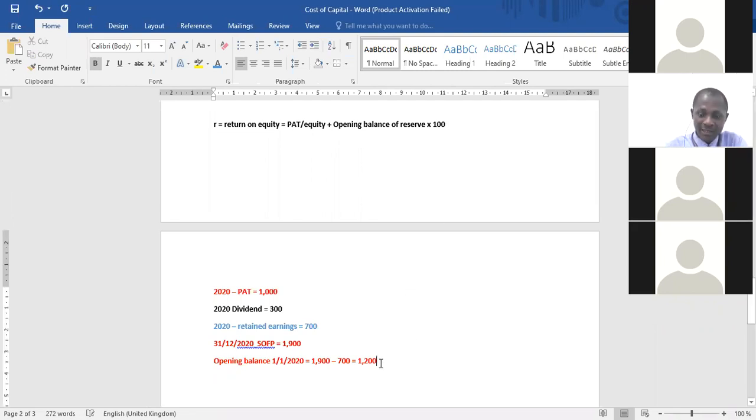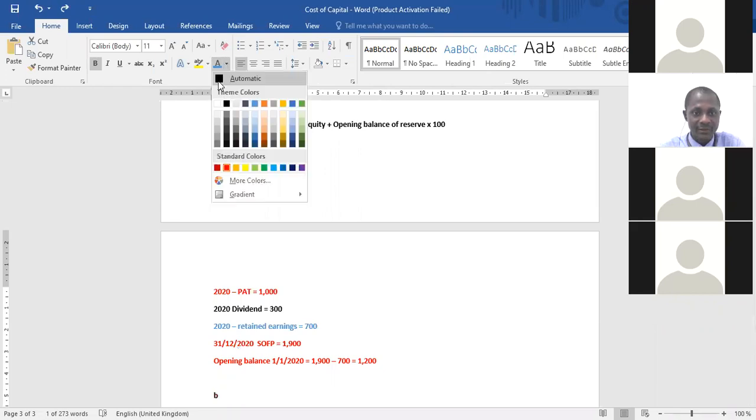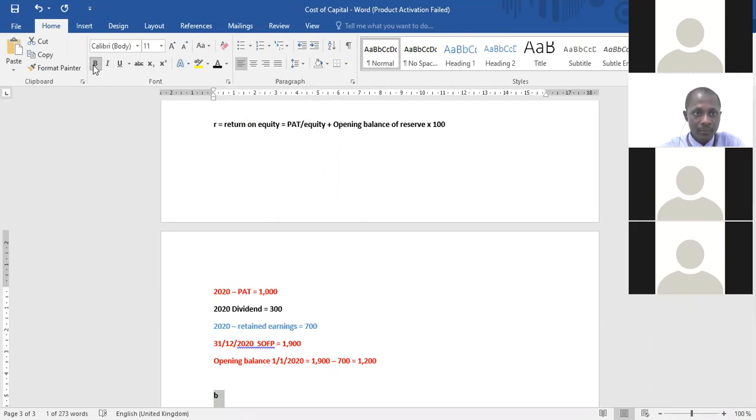And the second one there is b. What does our b represent? b represents the proportion of earnings retained.